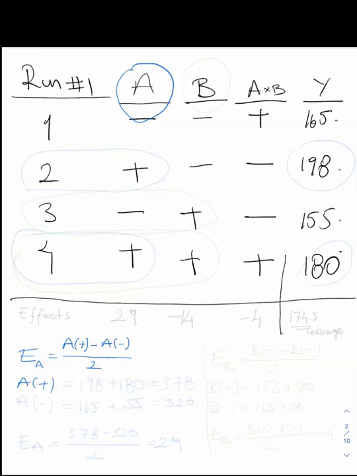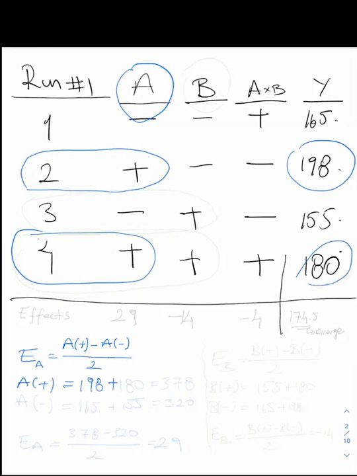So you can see that our A was plus in run number 2 and run number 4. So that means that it is going to be 198 plus 180. Okay, and that will be 378.